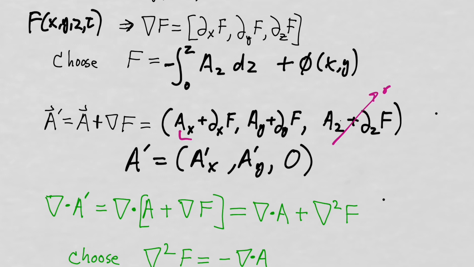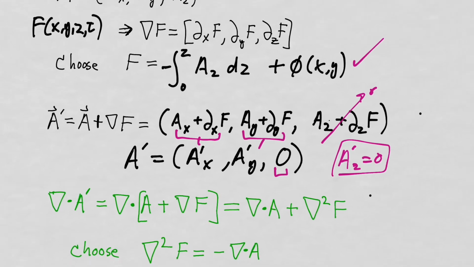And this I just call A prime x, and this I just call A prime y, and this is 0. So I have found a condition where A prime z always equals 0, and the integral for f can always be done, and ergo I can always presume a gauge where the z component of A equals 0. Okay, so that's one down.